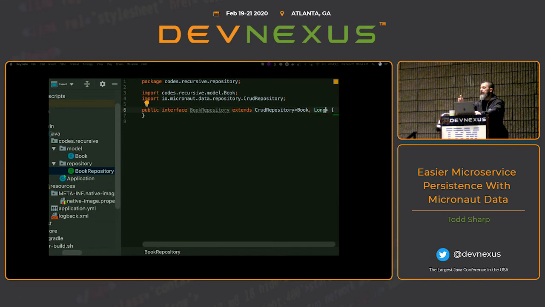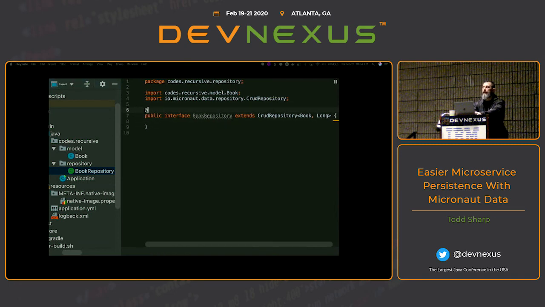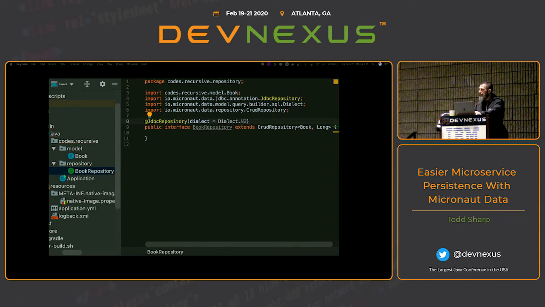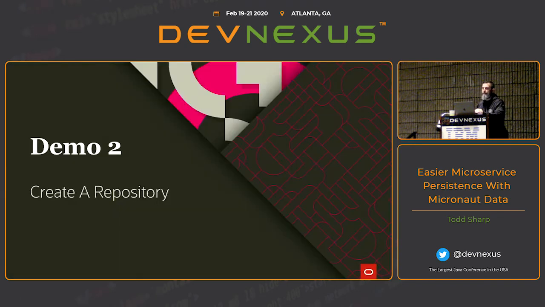So that's our managed entity and the type for our ID. Then up here, we annotate that with JDBC repository, and we tell it the dialect that we're using. This way it knows what dialect it needs to implement our queries in. And that's it. Our repository is created. We are ready to move on.